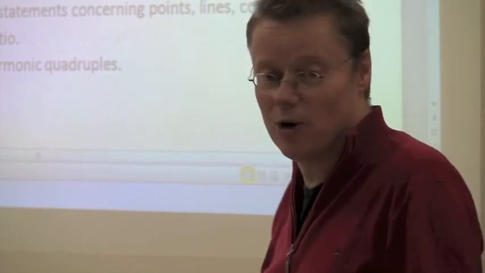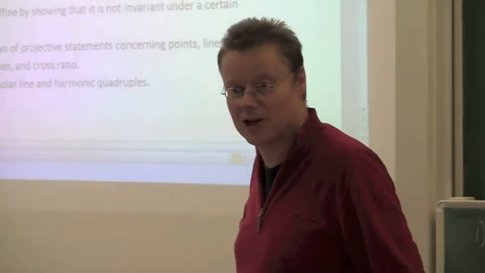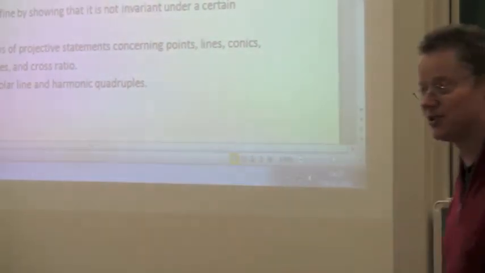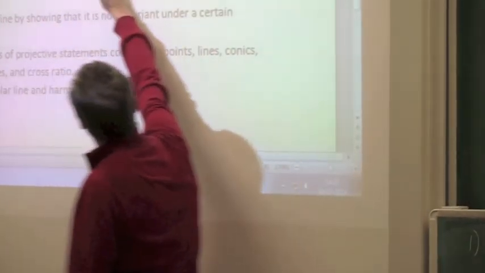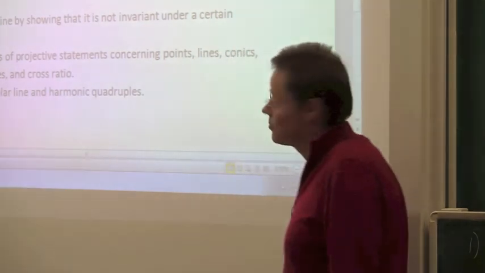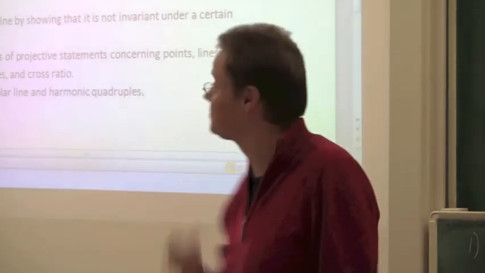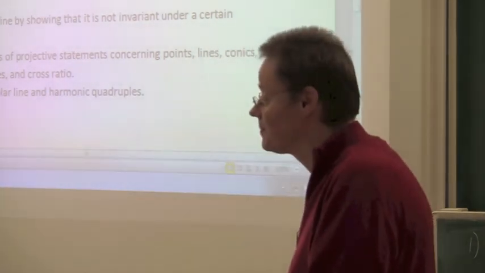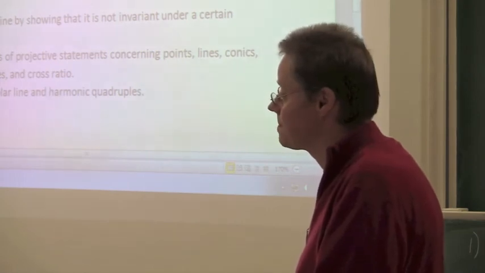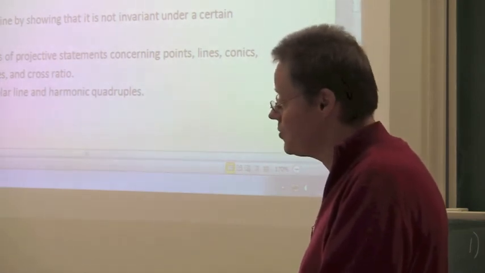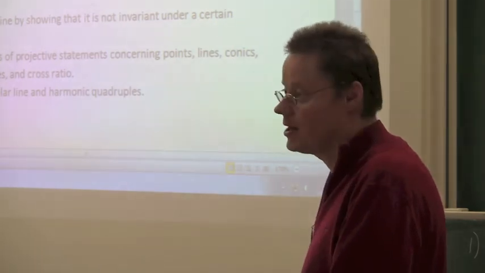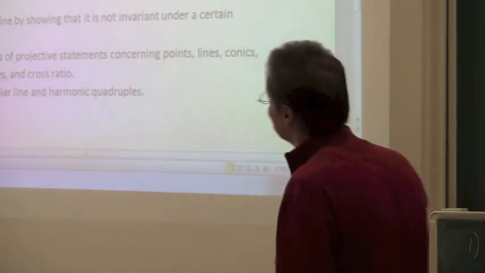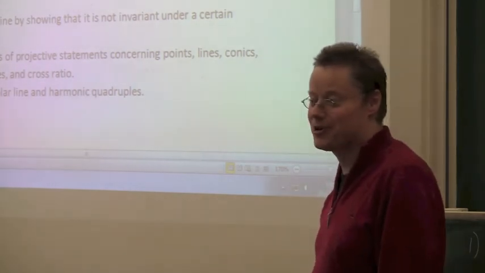Suppose you have a statement where all notions are projective, then you are really lucky because you can do almost anything to it. Point, line, conic, incidence, tangent, all these notions are projective. You did it on that board, and it's also in the slides. I added a few slides in. So there are lists in the slides, pretty complete, I think.